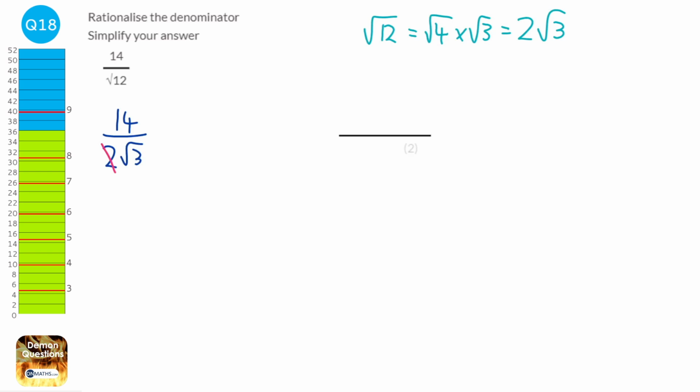So it'd be 1 root 3 or just root 3 and 7 there. And when we rationalise the denominator, we times the top and bottom by the square root at the bottom, which would be root 3. And so that's going to be 7 times root 3, which would be 7 root 3. And then just 3 at the bottom. So our answer is 7 root 3 over 3.